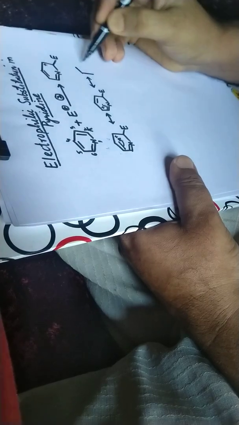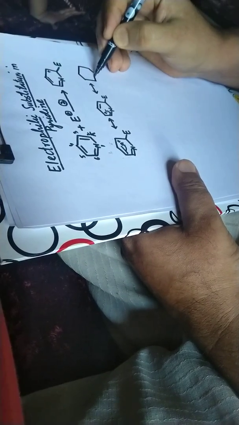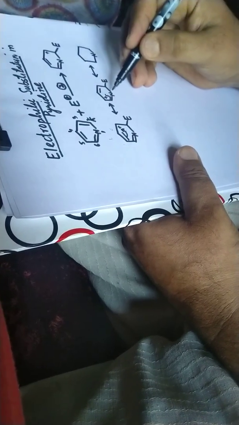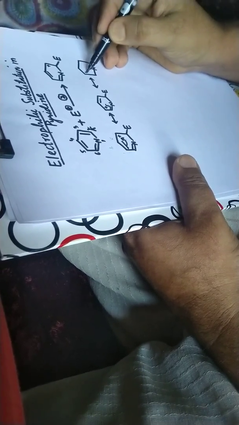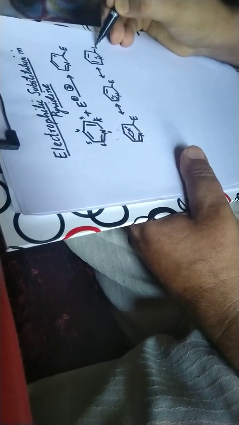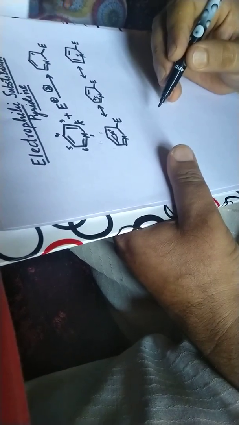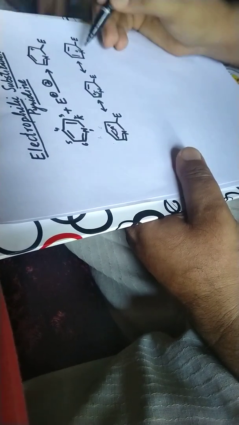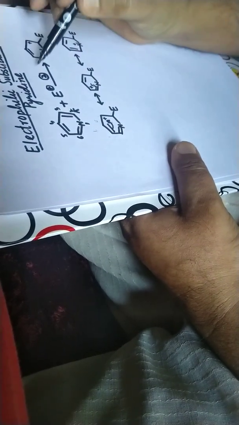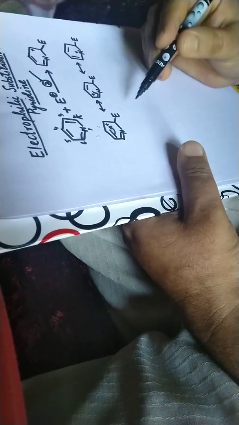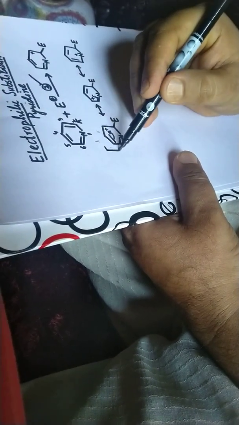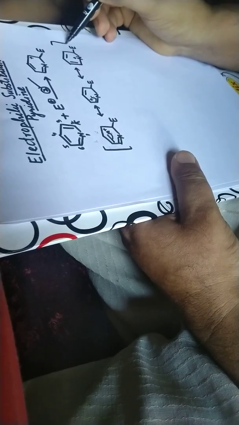So you can have this resonating structure, and now the positive charge will develop on the nitrogen. So now further resonance is not possible. So we get 3 resonances, 1, 2 and 3. This is when the attack takes place at position 2, and we get an intermediate which is resonance stabilized like this.